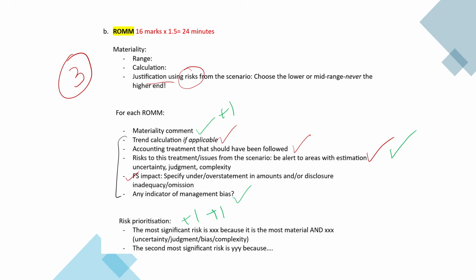The second most material risk is maybe impairment of the property, plant, and equipment because it is quite material, plus it incorporates complexity in the estimation of forecasts. So exactly the same justification that I used in my risk portion, based on that justification, I'm concluding and prioritizing any 2 risks. Keep it nice and simple. To correctly prioritize risks with justification will get you these 2 easy marks.